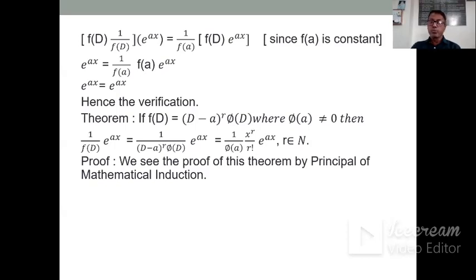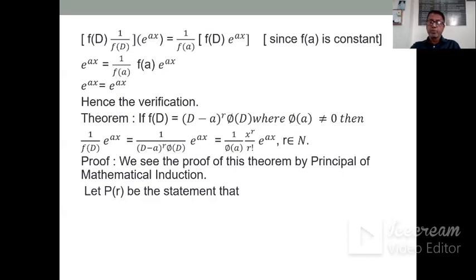Now, to give the proof by the principle of mathematical induction, the statement we want to prove we call the P(r) statement. You may use any notation, P(r), P(k), P(m), whatever it may be. We use the notation P(r) since the statement is given in terms of r.